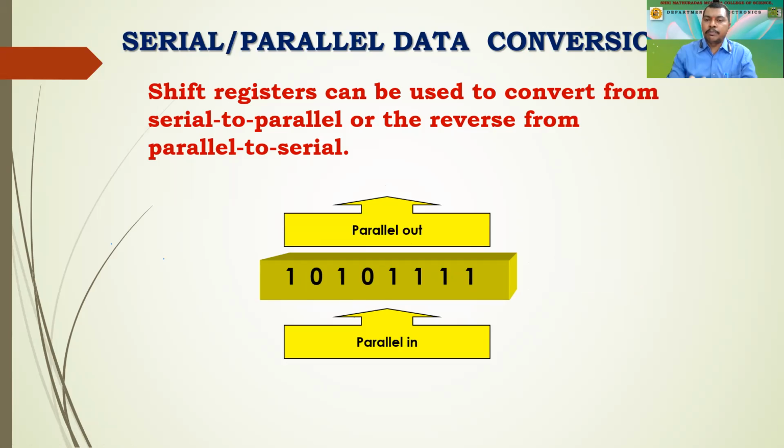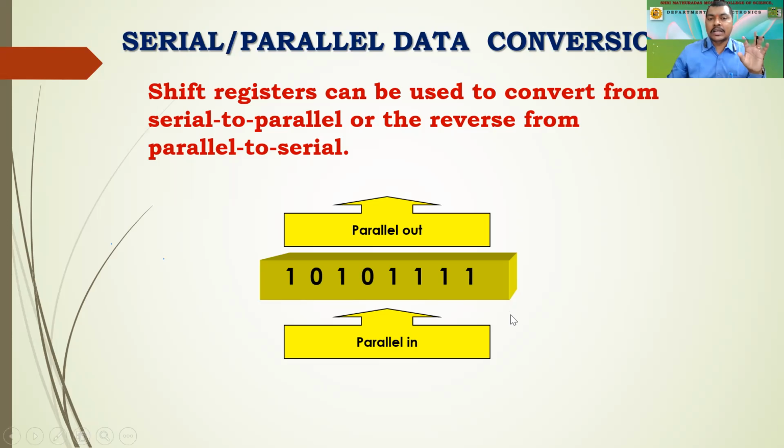So the data is given in parallel, and the data is also taken out in parallel, as we store the data in semiconductor memories, right? In the computer itself, RAM or anything, the data is stored in parallel fashion. Similarly, when we want to process that data, the processor expects the data to come in parallel. So there we require this type of shift register, which we call parallel in parallel out (PIPO).